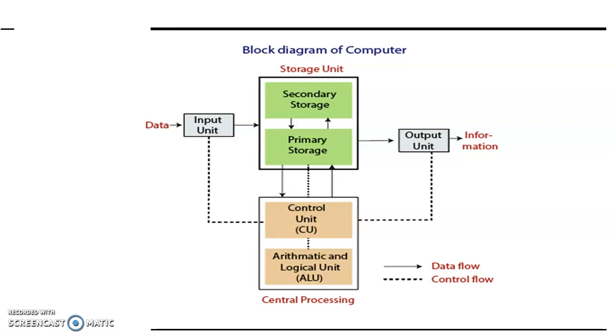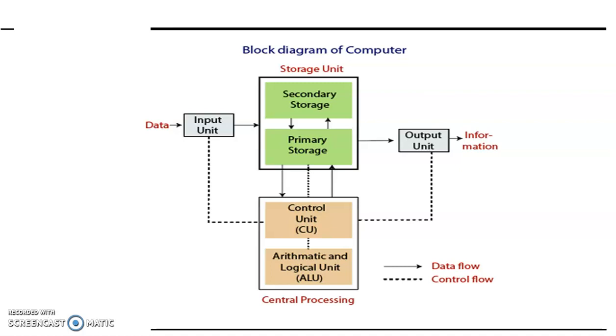Then there is the arithmetic and logic unit. Arithmetic and logic unit is used to perform various kinds of arithmetic and logical operations, for example addition, subtraction, multiplication, and various logical operations like AND operation, OR operation. So what is in ALU?